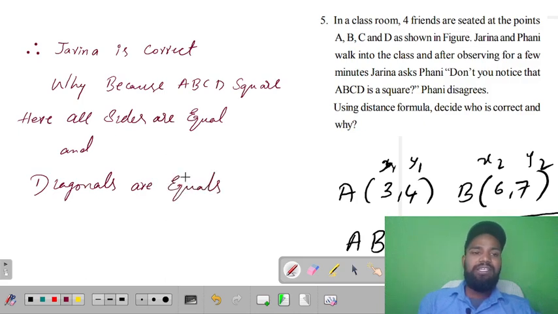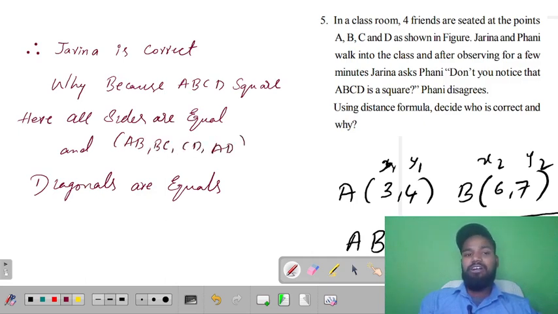So we can say ABCD is a square. What are the sides here? All sides, AB, BC, CD, AD, are equal. What are the diagonals? AC and BD. The diagonals are also equal. So we can conclude this is a square.